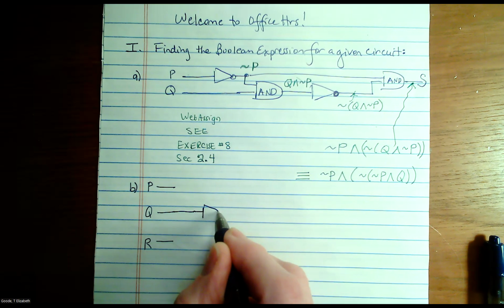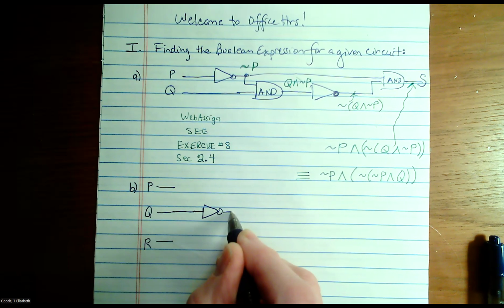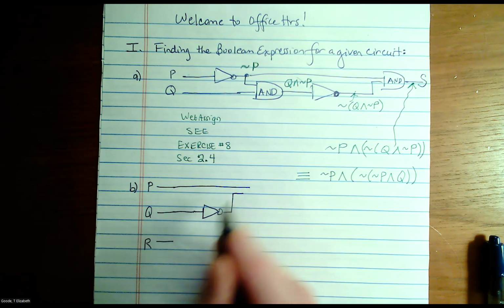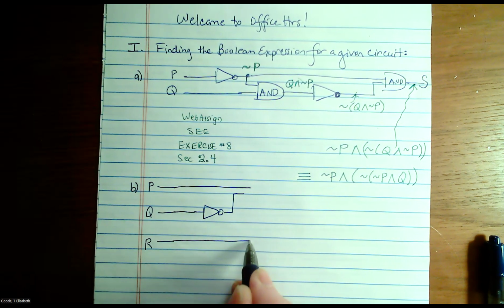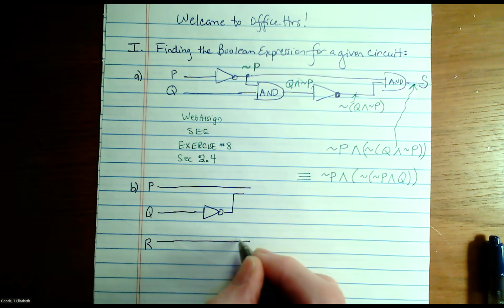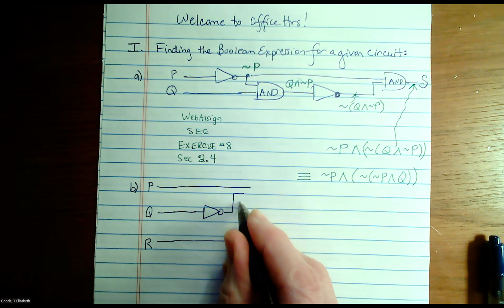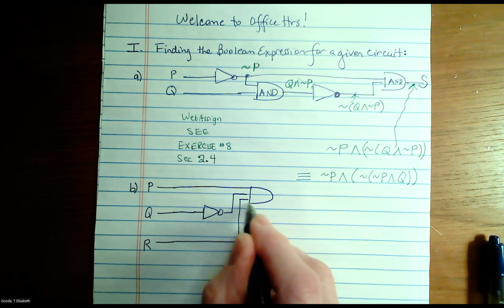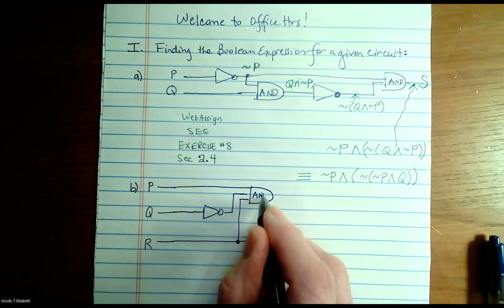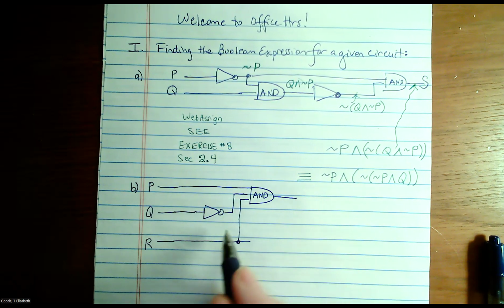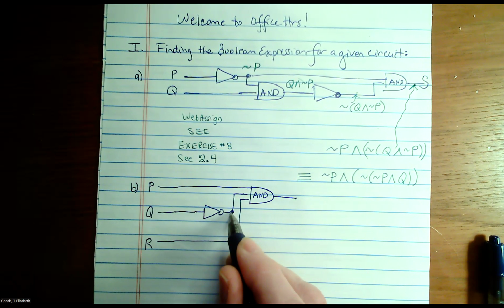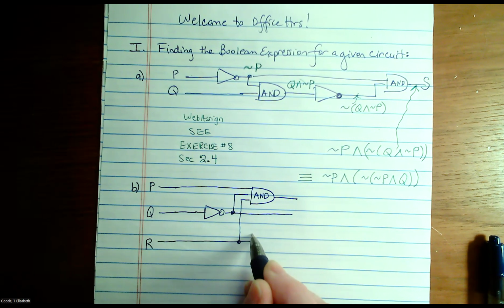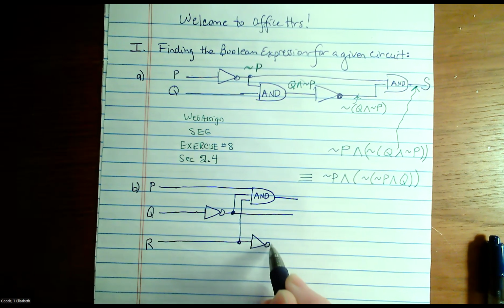I'm going to run this Q through a NOT, and I'm going to bend the wire and bring it up with this P. And then I'm going to take from R and bend it up there. And I'm going to run these through an AND gate. Then I'm going to take this not Q. We're going to run this R through a NOT gate.